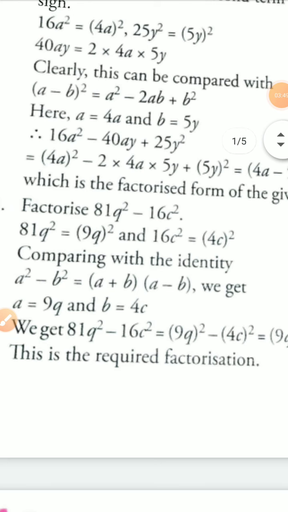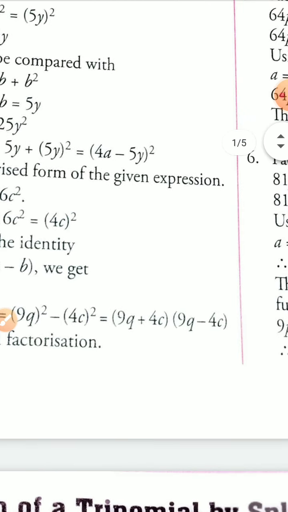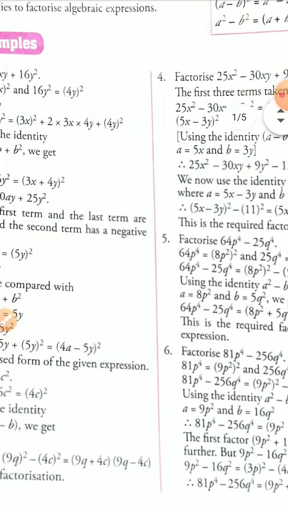Right, now it will be written as 9q whole square minus 4c whole square. So we can compare this with the identity a square minus b square, that is a plus b into a minus b, right? So 9q whole square minus 4c whole square can be rewritten as 9q plus 4c into 9q minus 4c. So this is the required factorization.